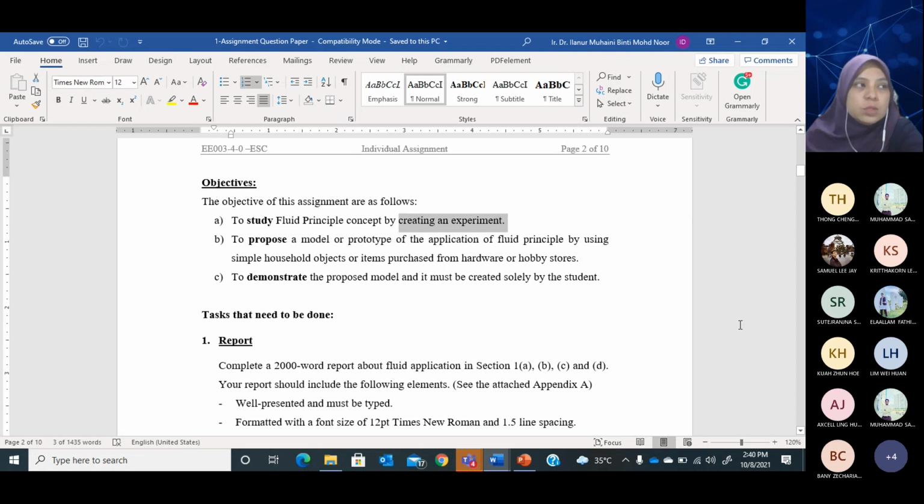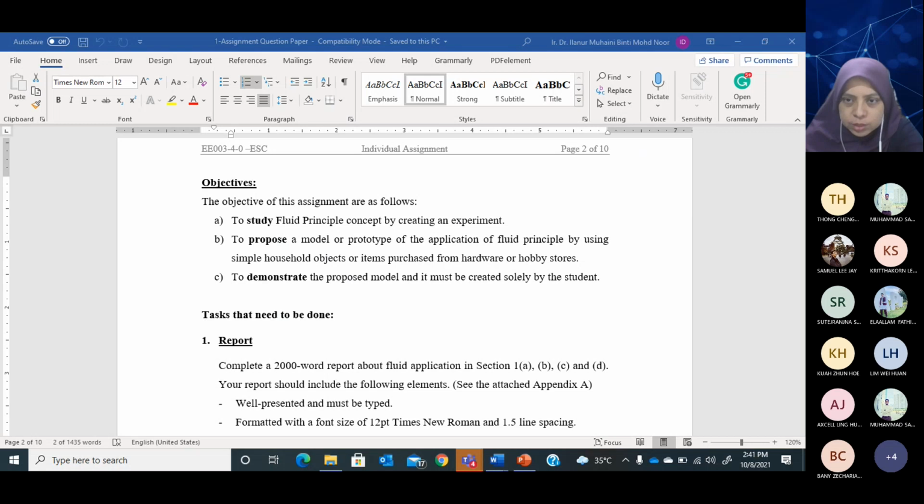So your job is to create an experiment in the assignment. Number 2, to propose a model or prototype of the application of fluid principle by using household object. This one not necessary. If you don't have it in your house, you can buy.